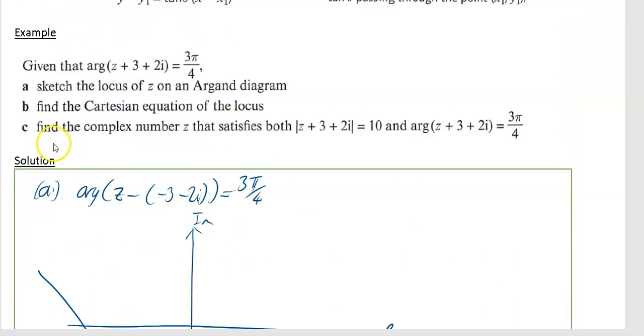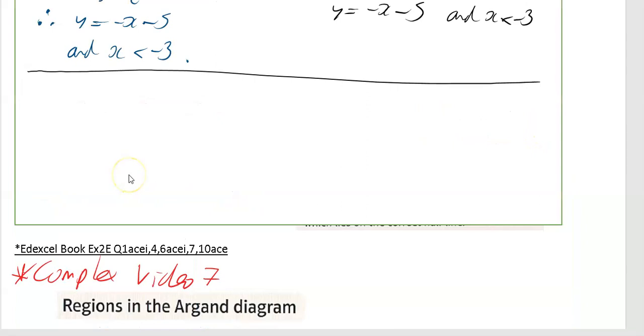Okay, part C of this question says find a complex number z that satisfies both modulus of z plus 3 plus 2i is equal to 10, and argument of z plus 3 plus 2i is equal to 3 pi over 4. We'll have a look at how we do this now. Okay, part C. We've got modulus of z plus 3 plus 2i is equal to 10.